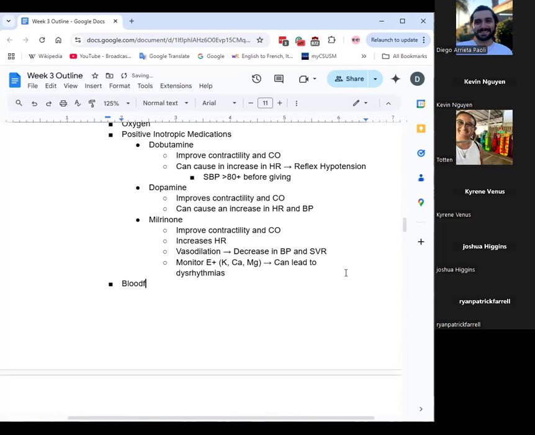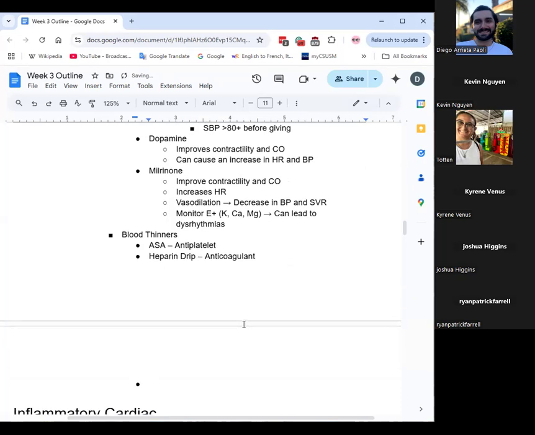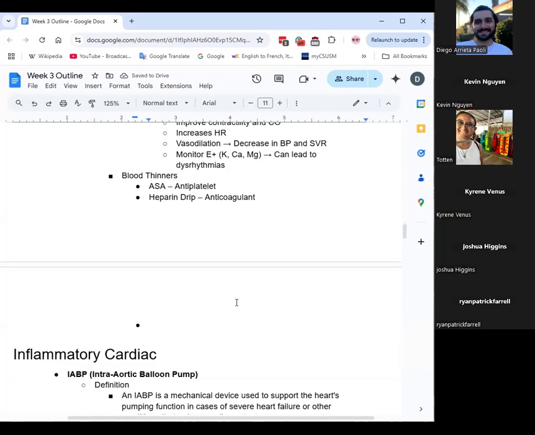So blood thinners: we have aspirin, which is an antiplatelet. He mentions Integrilin, which is an antiplatelet, but I wouldn't worry too hard about that. Heparin drip, anticoagulant. And he mentioned alteplase, which is a thrombolytic.